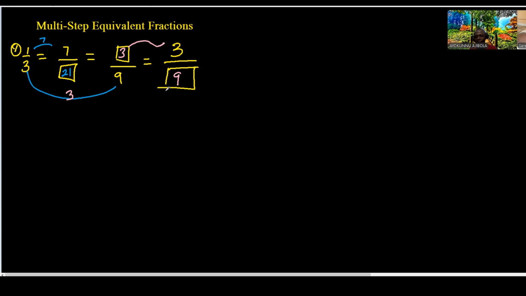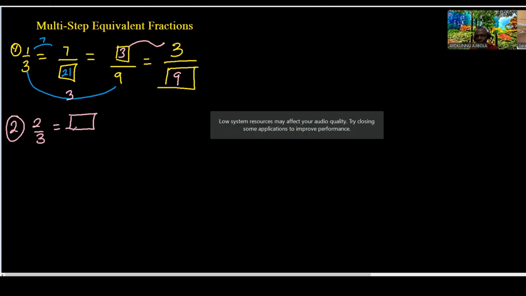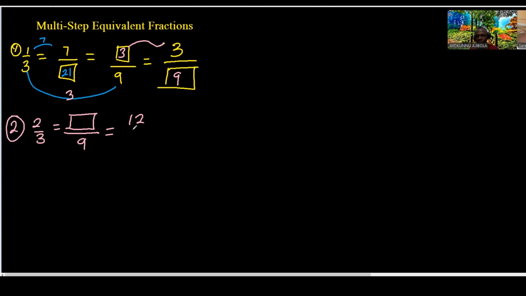Good. But let's look at another example. Like maybe we have 2 over 3 equal to something over 9, also equal to 12 over something, then equal to something over 21.